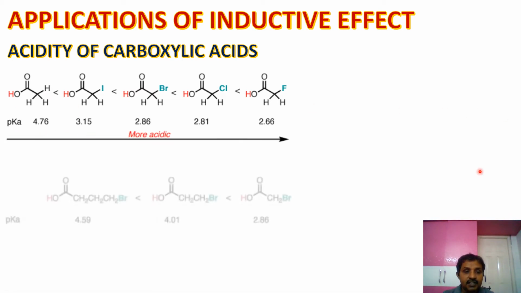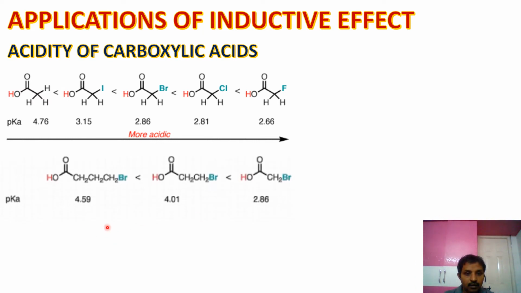Next, as the substituted bromine atom moves away, as the distance from the carboxylate group increases, acidity decreases. Here, the carbon with the bromine atom is very close to the carboxylate ion, so it has a lower pKa and a more acidic nature.